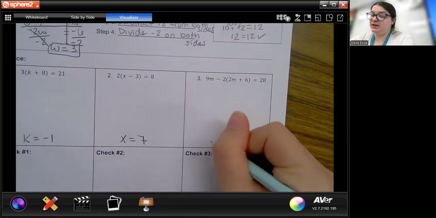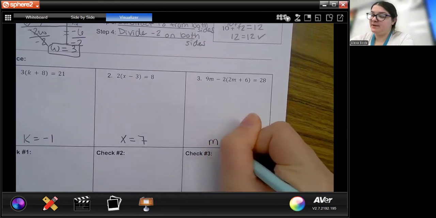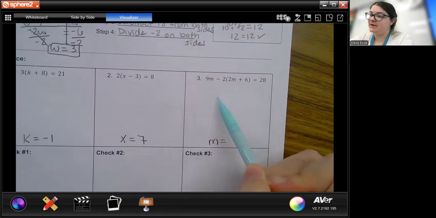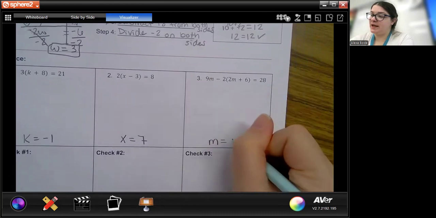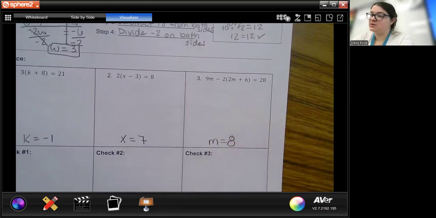And then with this one here, it should be M equals, I'm doing this in my head, should be 8. M equals 8. Hold on, let me double check that one.